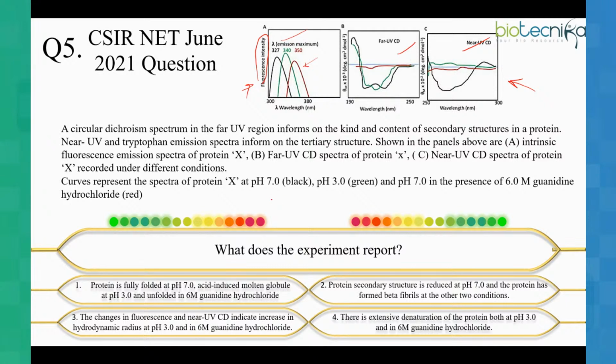The black curve is protein X only, at a condition where pH is 7. The green is at a condition where pH is lower, 3, an acidic environment, and red is pH 7 but in the presence of guanidine hydrochloride.